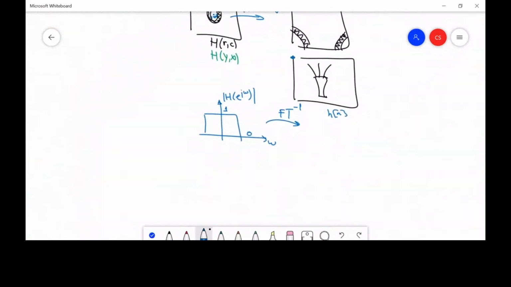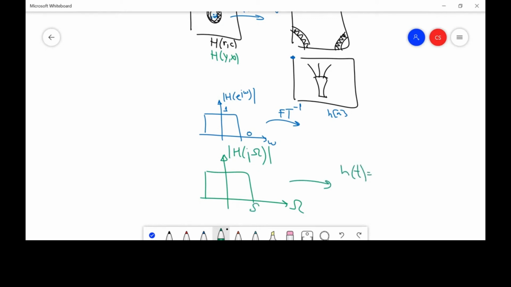Strictly speaking, but we are all loose with the language, right? So when you have this one, this is a cutoff, and this is omega c. I think the right expression is like this: the sine of 2 pi omega 0 t divided by 2 pi omega 0 t. Something of this sort. The important part here is sine of t divided by t. That is what makes the sinc.